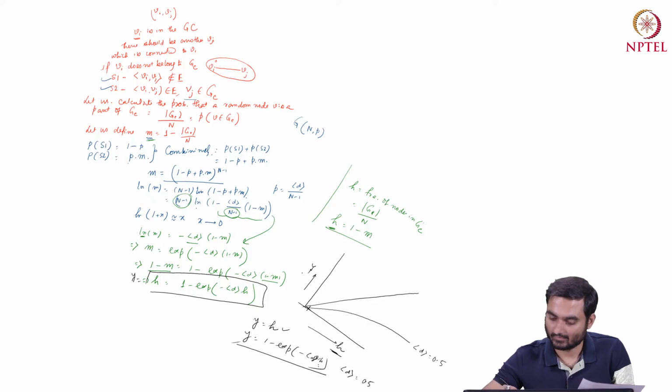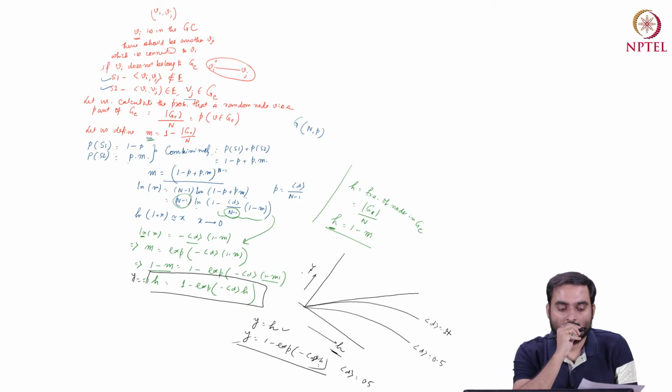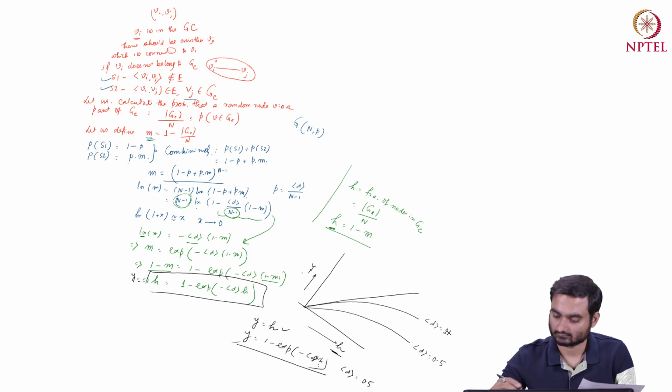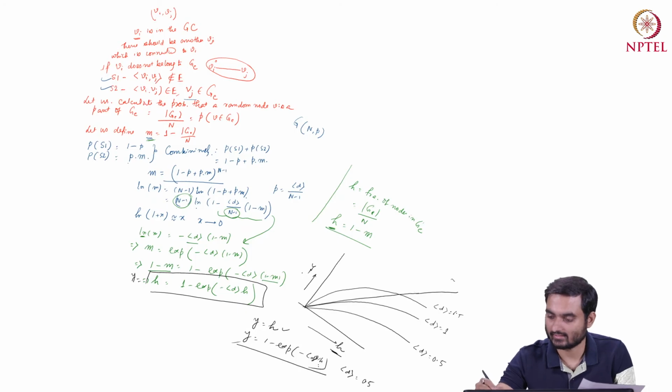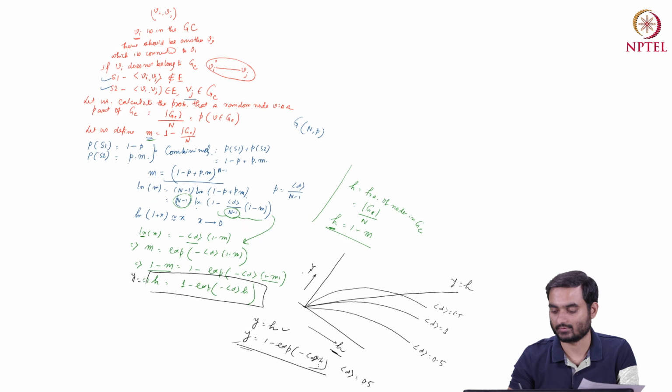We will see a curve like this when mod d equals 1, and when mod d equals 1.5, you will see like this. So the straight line is y equals h, and the other curves are this one.